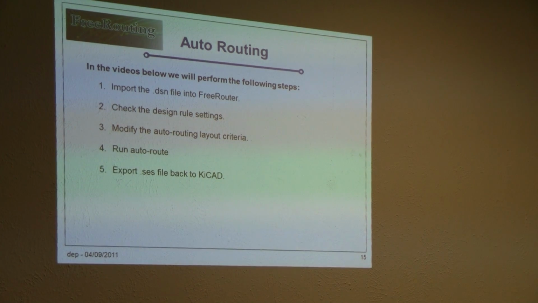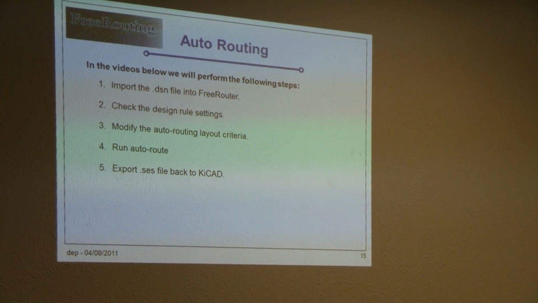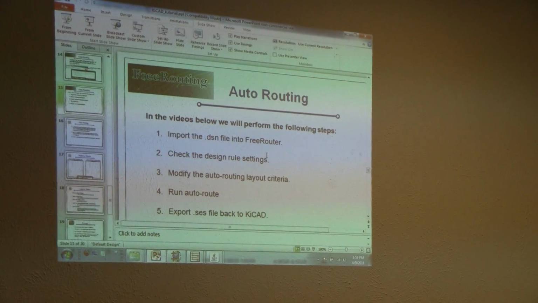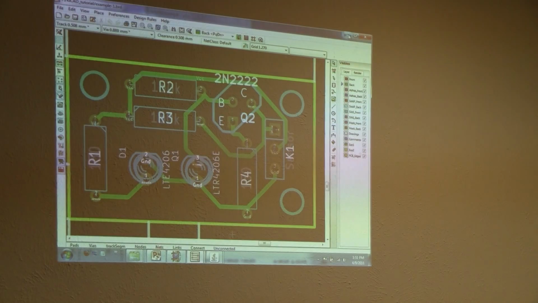The defaults have been generally good for me. One of the things you will sometimes run into in KiCAD is, let's say I wanted to route here and I'm slightly off grid.